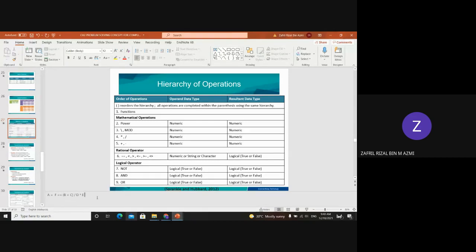Which do we solve first? Solve the mathematical operation first. This one first, and then this one, and finally we do the relational operator.